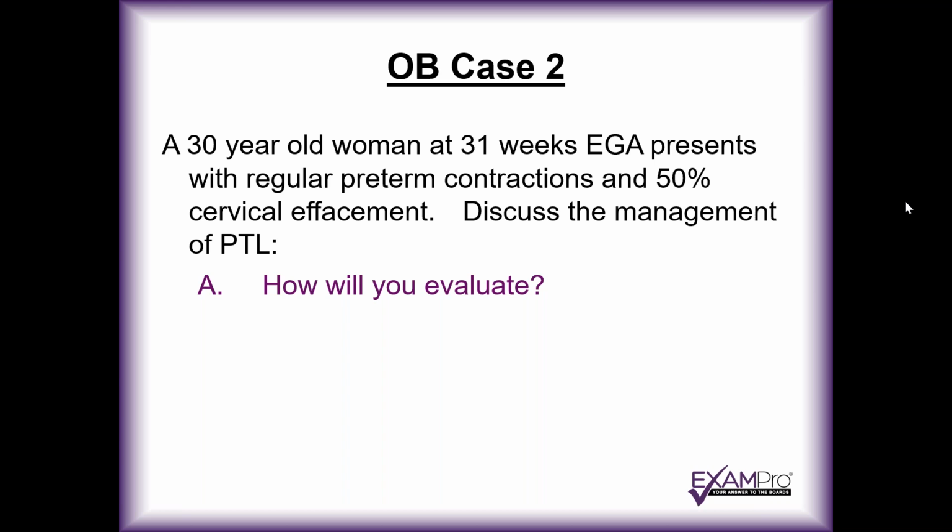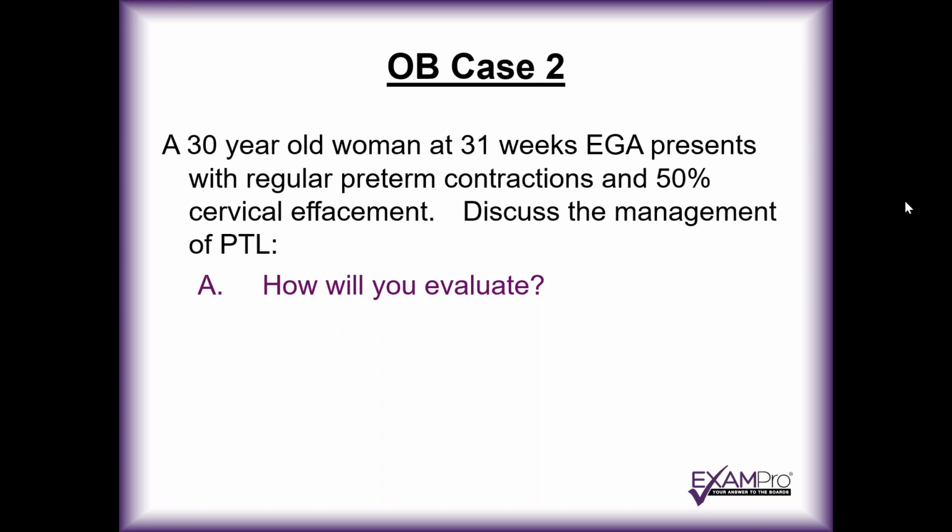As always, I would start with a history and physical. I would put her on a monitor and toco. And after doing the exam, I would have collected a fetal fibronectin, pending the rest of the exam.